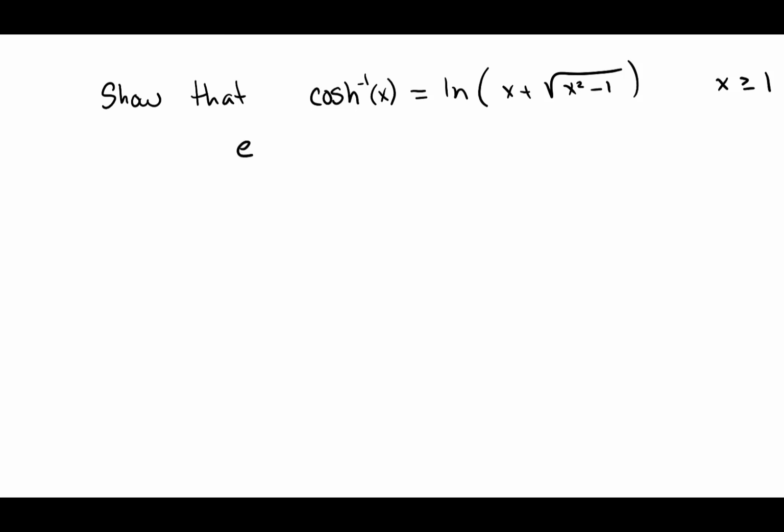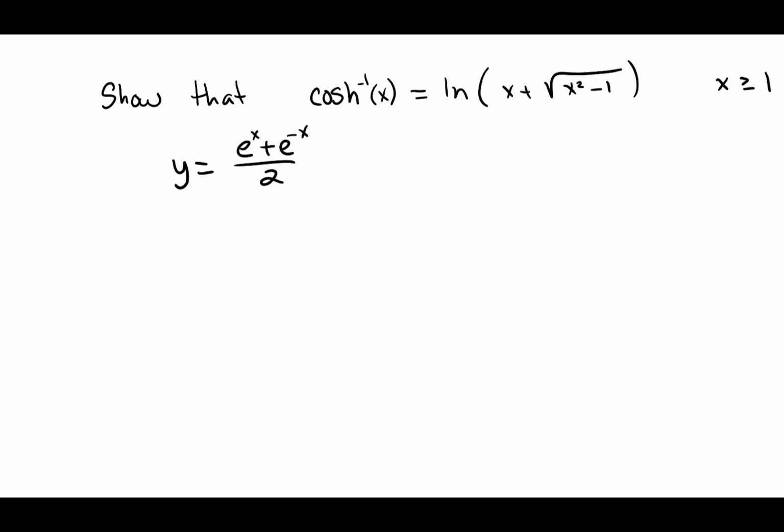So we're going to say that we have e to the x plus e to the negative x all over 2, and let's set that equal to y. Well, let's do this a little bit backwards. Y equals that would be for cosine.